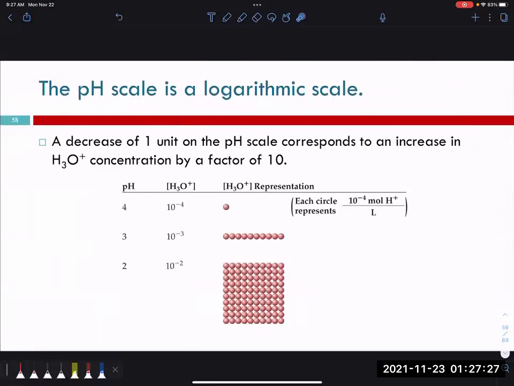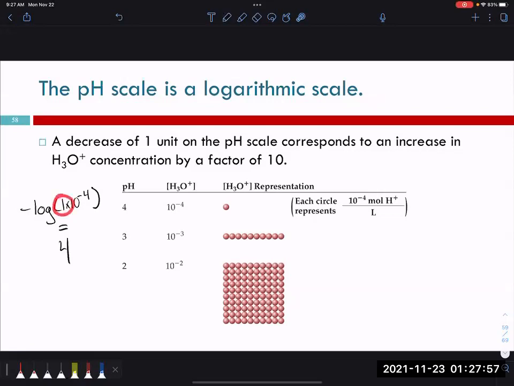This pH scale is a logarithmic scale. So the way we get to the pH scale is pH 4 is a result of the negative log of 10 to the negative 4. If we took negative log of 1 times 10 to the negative 4, the answer to that is 4. It's very easy to do.